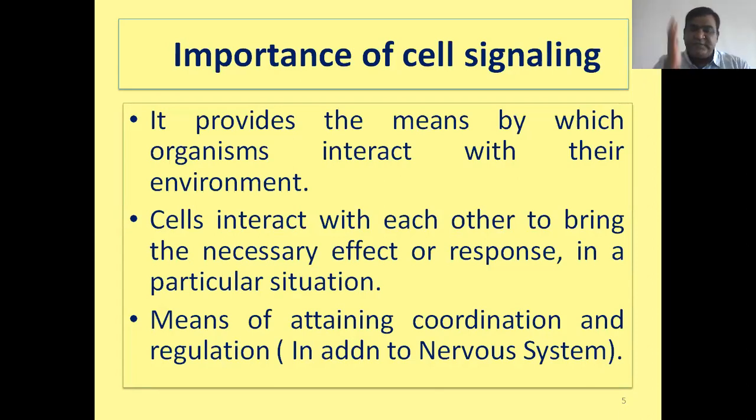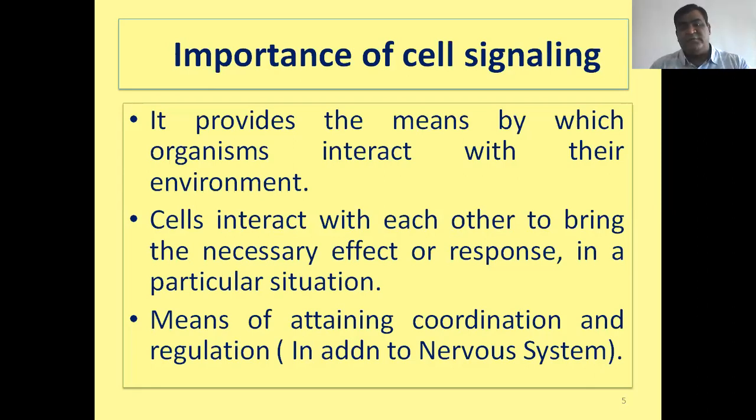Now cells interact with each other to bring the necessary effect or response in a particular situation. So in a particular situation, what kind of enzymes need to be activated, which proteins need to be produced, all these signals, all these tasks are conveyed by cell signaling cascades.